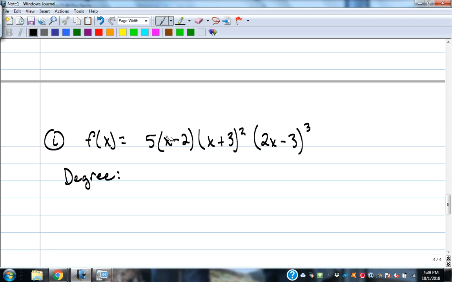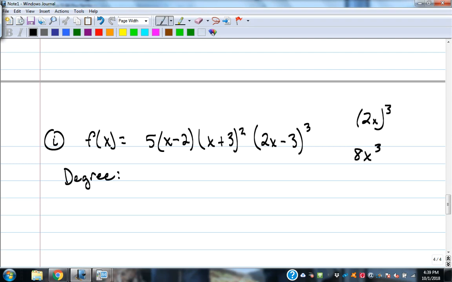What's the degree of this first factor here, this x minus 2? It's a degree 1. What's the degree of the second one? It's got a degree 2. So those two together then make degree 3, right? And then what's the degree of this term? It's a 3. Because if I cube 2x, what's 2x to the third power? It's 8x to the third, right?